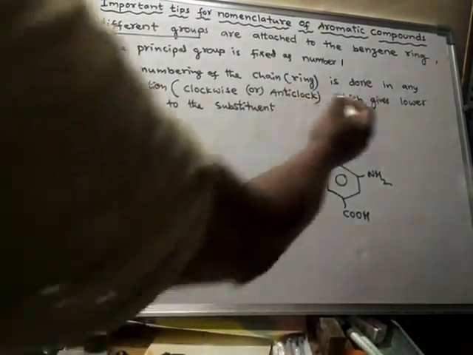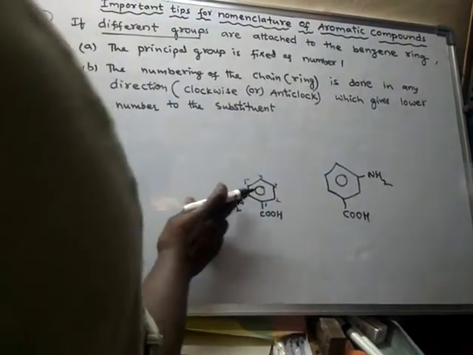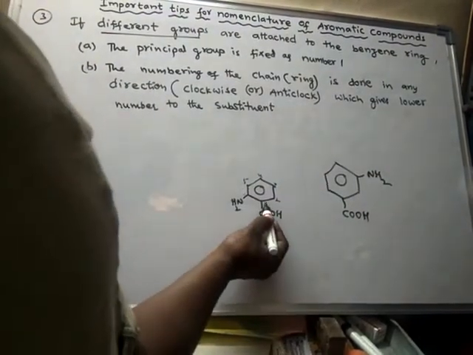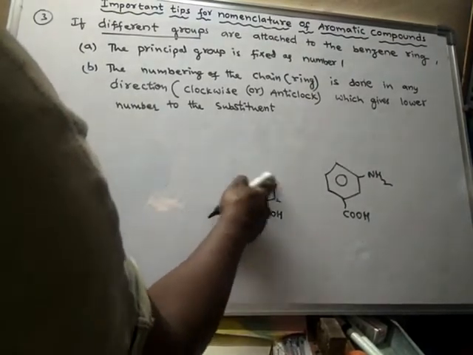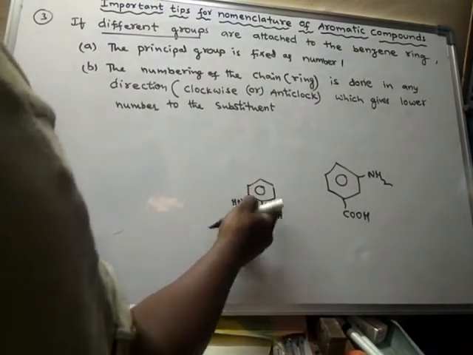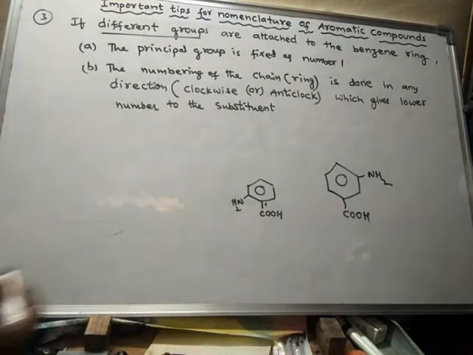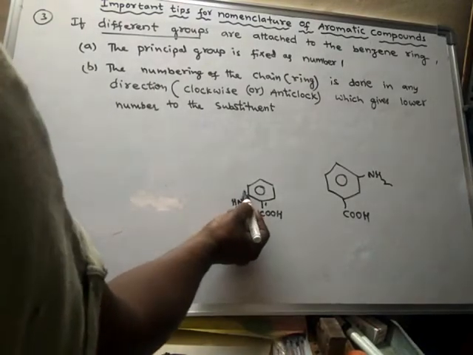After numbering the main substituent, the other substituents should get the lowest possible number.